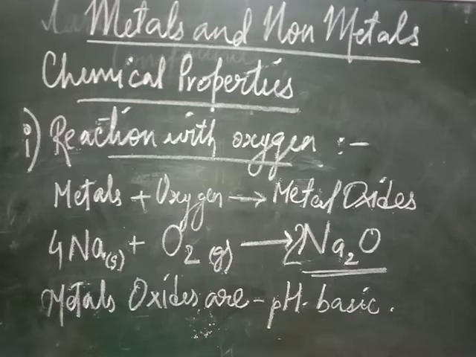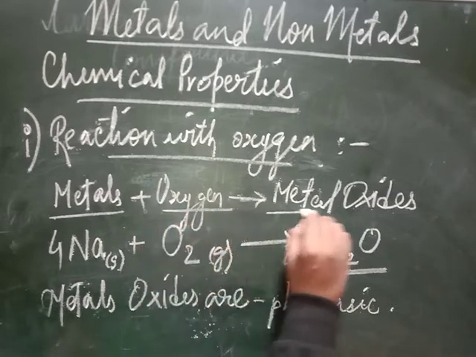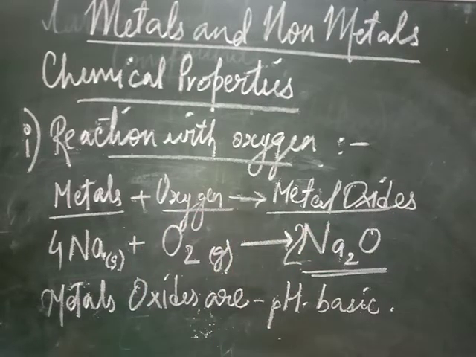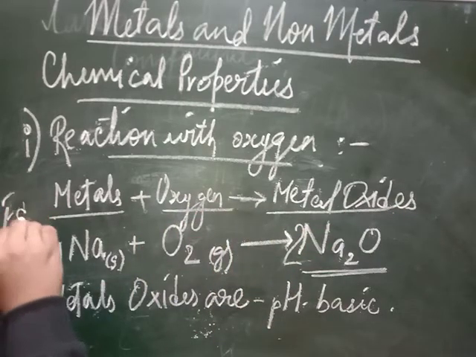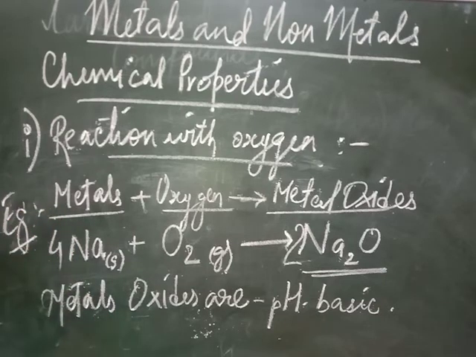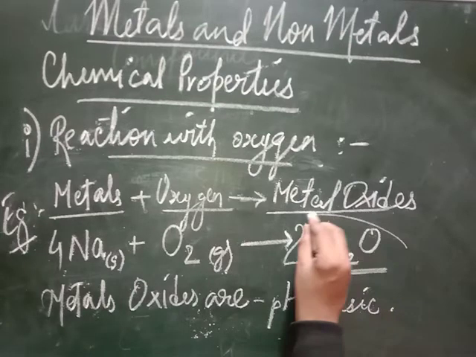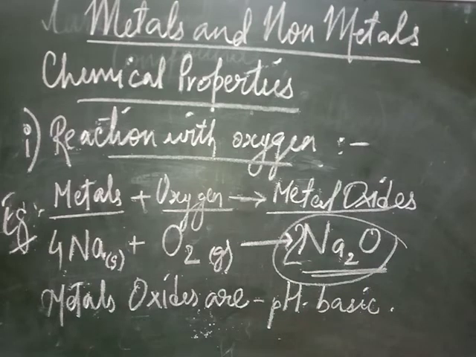Many reasoning questions can be asked from this context, that metals react with oxygen to form metal oxides. For example, 4Na reacts with one molecule of oxygen to form 2 molecules of sodium oxide. And now you can say about the pH of sodium oxide: since it is an oxide of a metal, it is basic in nature.